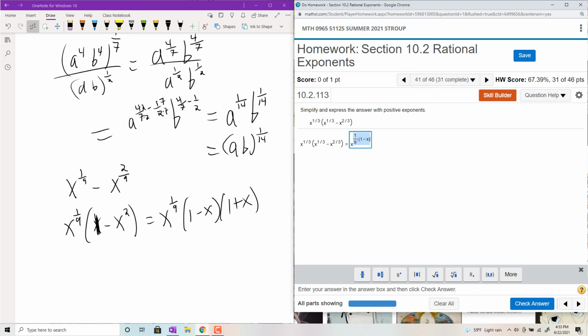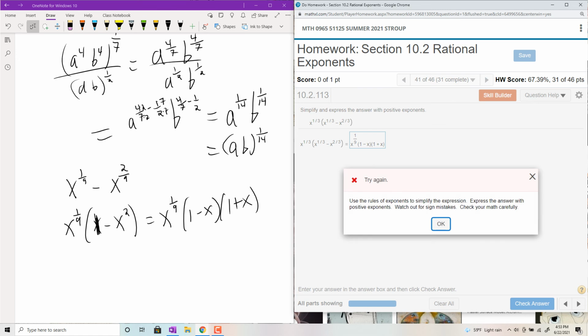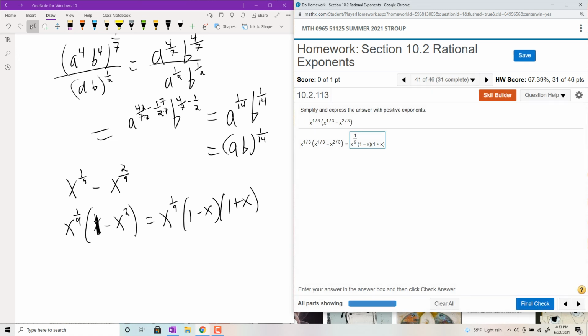So I don't like this section because you don't really know what they want. 1 minus x, 1 plus x. I got positive exponents, buddy.